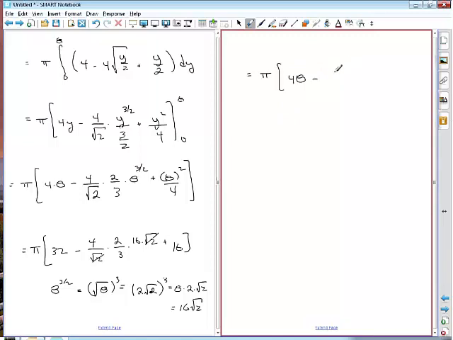And we subtract off 128 divided by 3. So if we multiply this by 3, 48 times 3 is 144. 144 minus 128 is 16. So we get 16 pi over 3, which, lo and behold, is the correct answer.